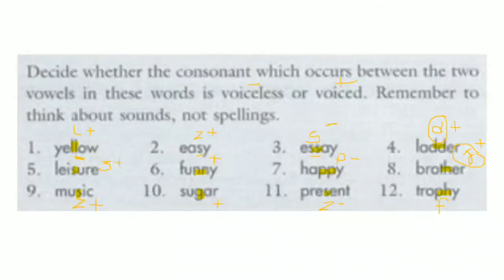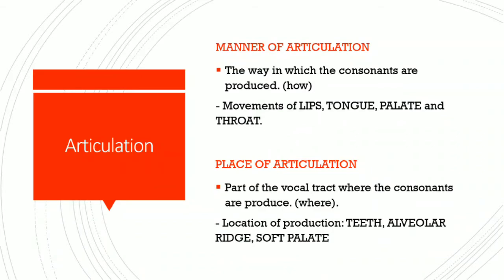Okay, so let's move on to this part in which the description of consonants is not only centered on the voicing part, that is whether it is voiceless or voiced, but it's also placed in their manner of articulation. The manner of articulation is the way in which the consonants are produced, that is to say, in which way the vocal organs move.